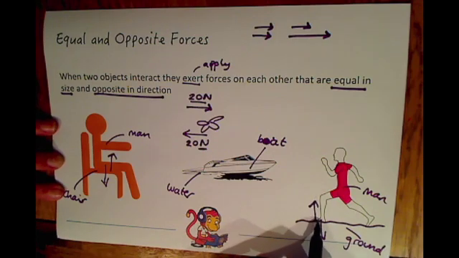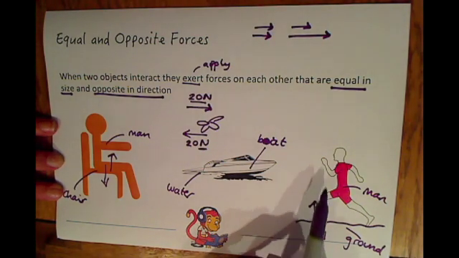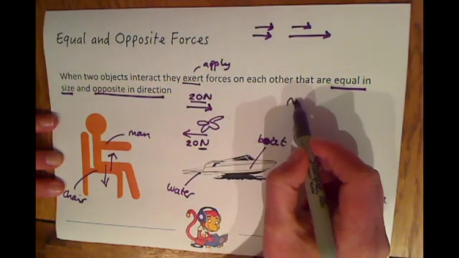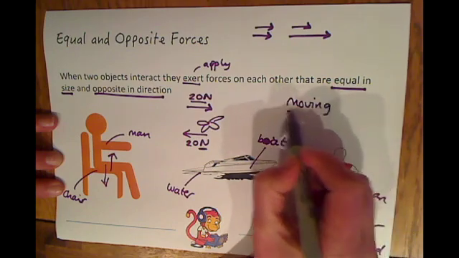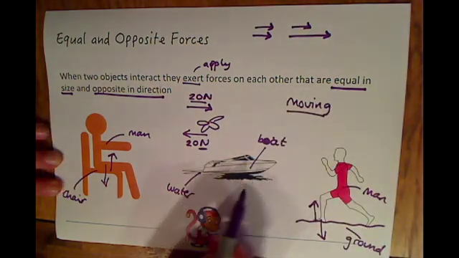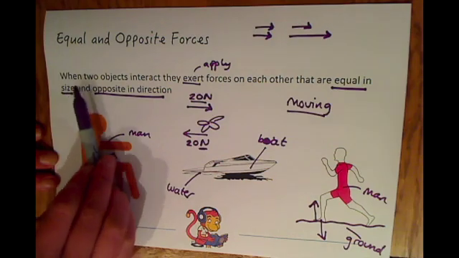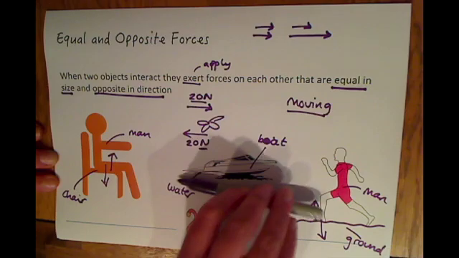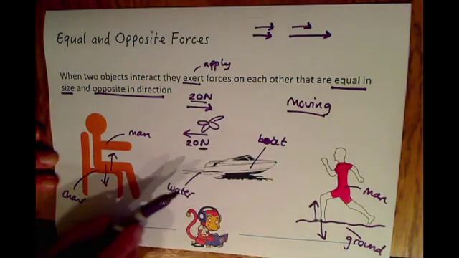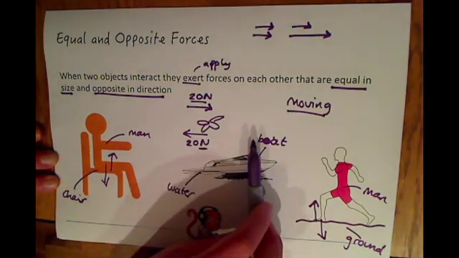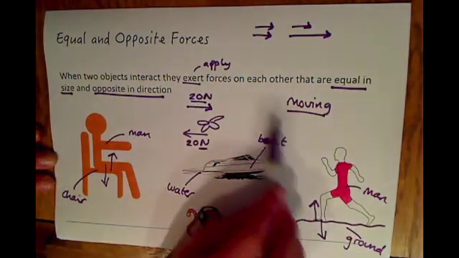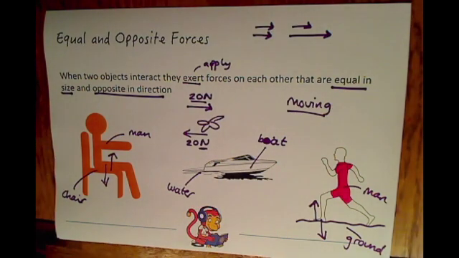That will then allow the man to jump upwards. So if we've got moving objects, like jumping or the boat moving or a car moving, this rule helps us explain why, when there is a force going backwards or down, an object actually moves forward or up, because we've got another force coming into play in the other direction pushing on the object.